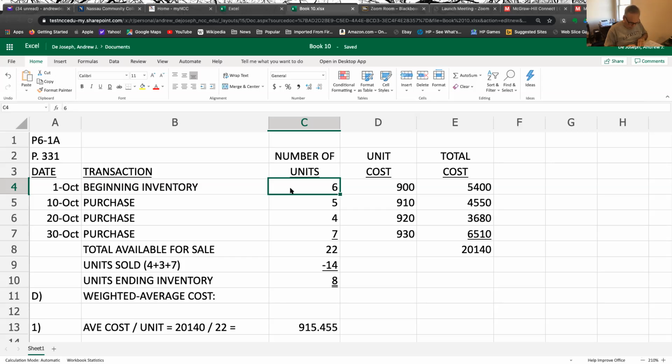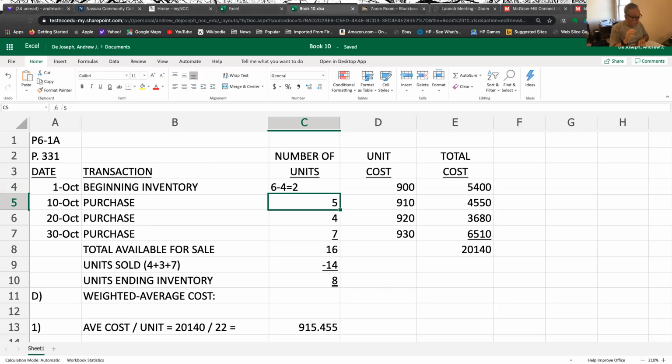The October 4th sale consists of purchases from the beginning inventory. Now, the October 4th sale, we sold 4 units. So 6 minus 4 equals 2. That means we have 2 units left from beginning inventory. Right?